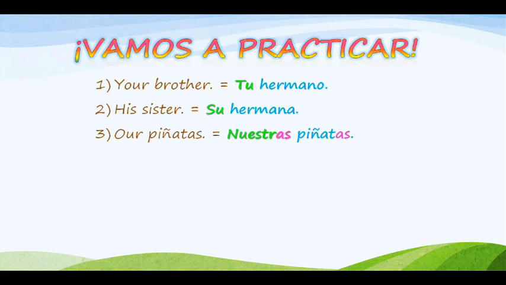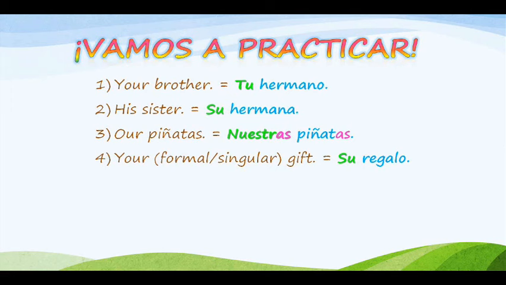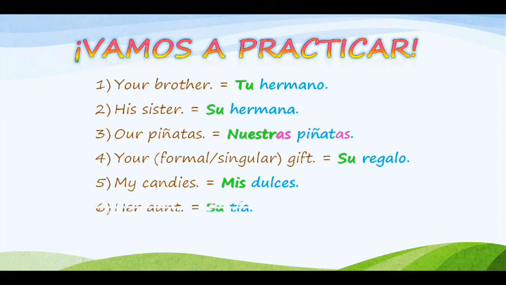Make sure you made it agree feminine and plural. Your gift, and this was meant to be formal and singular, so this I did specify, would be the usted, su regalo. My candies, mis dulces, making it agree plural. Her aunt, su tía. Their siblings, sus hermanos, agreeing plural.